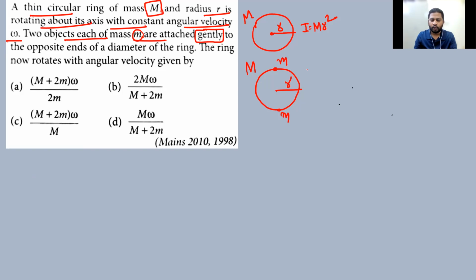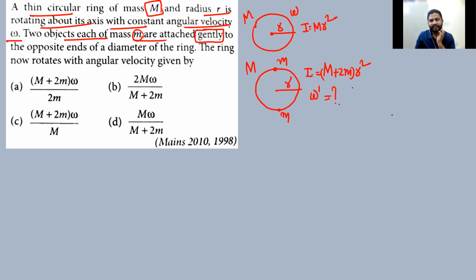So in this case also it is rotating. In the previous case it was rotating with an angular velocity omega, and in this case the moment of inertia is capital M plus 2m, the total mass, into r square, and we have some angular velocity.